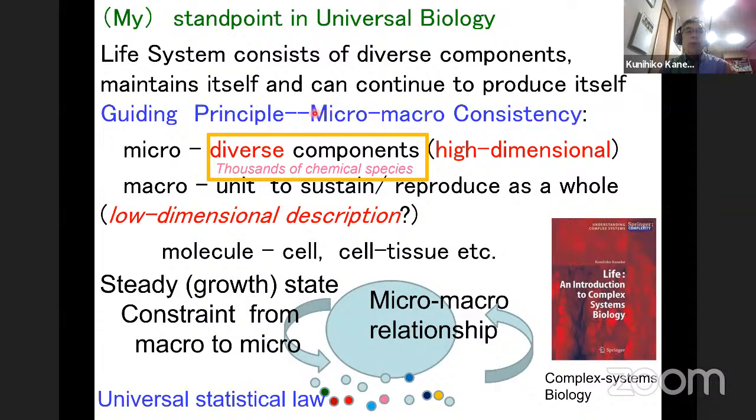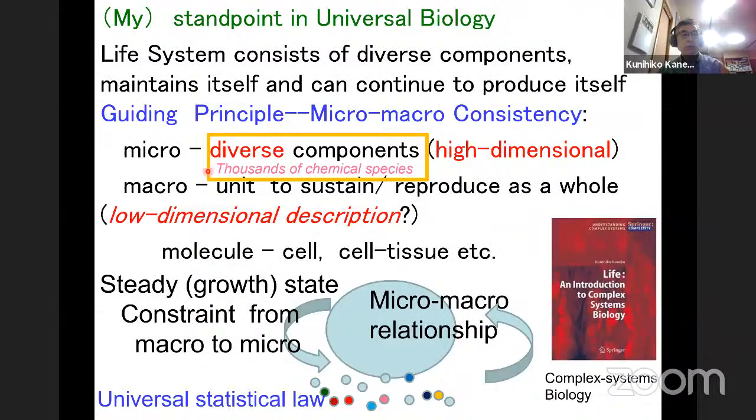So here we can put a guiding principle of micro-macro consistency. At the microscopic level, there are a huge number of different components, so that's a very high dimensional space. At the macroscopic level, for example a cell, that's a unit that sustains and reproduces as a whole.